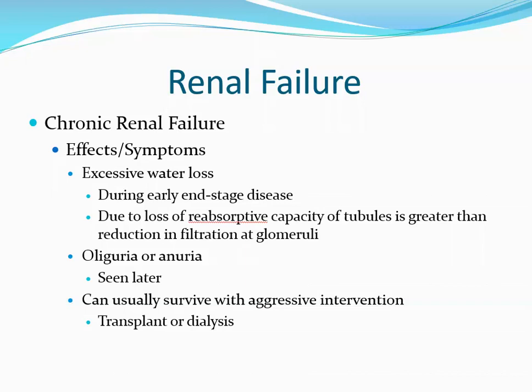This results in a daily loss of 9 liters. This is the source of the excessive water loss. Later on, as the glomerular function is further reduced, you will see oliguria or anuria. Usually these people can only survive with aggressive therapeutic intervention, such as transplant or dialysis.